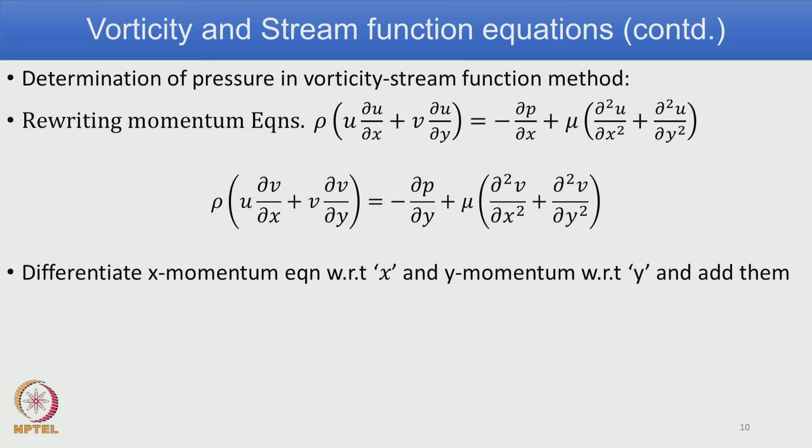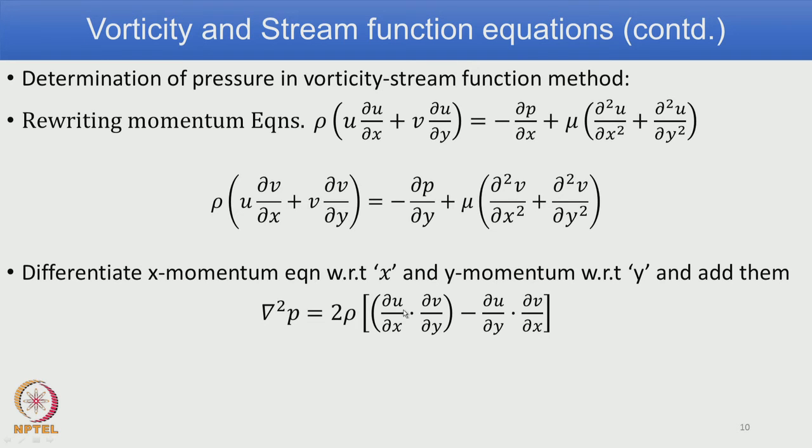I am not showing you all the steps involved in the derivation. We get a term finally like this, which is del squared p on the left hand side and remaining terms on the right hand side.